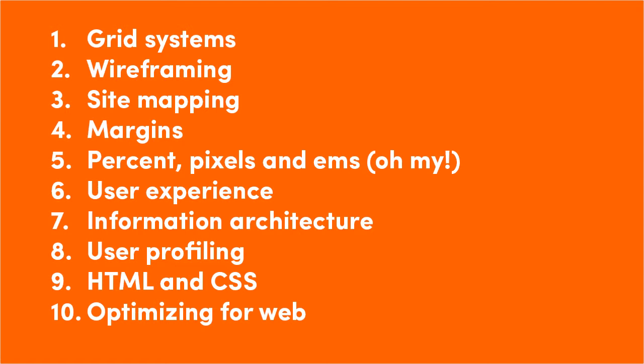Site mapping is figuring out which page goes where and how they are connected. And you might not think that this is part of the designing of a website as such, but it really is. As a graphic designer, I think it's important to have an understanding of how the website is built and mapped out.